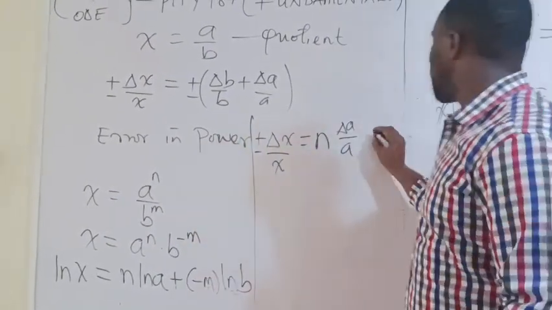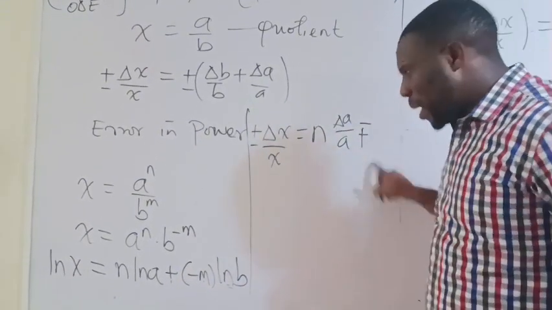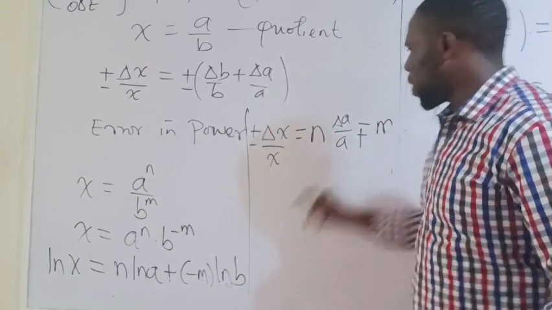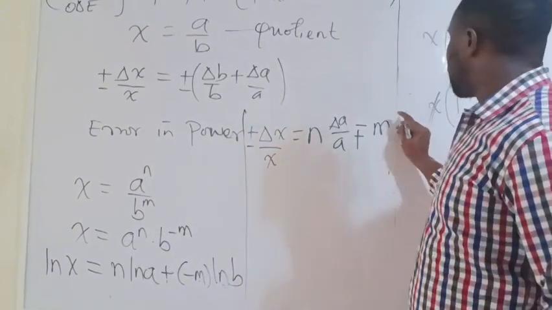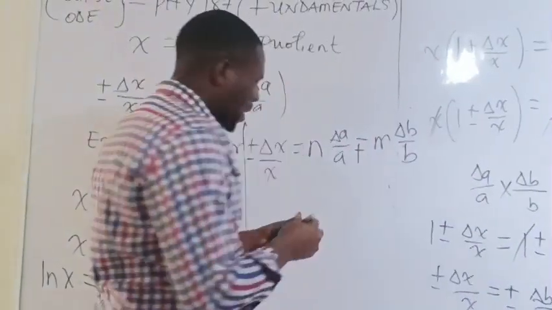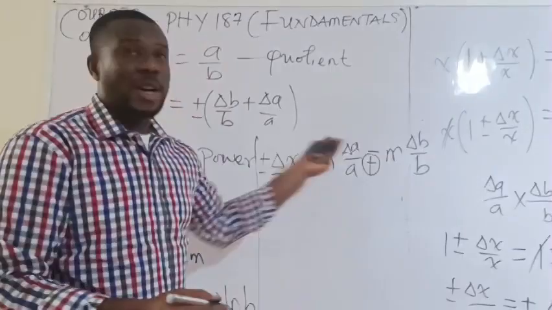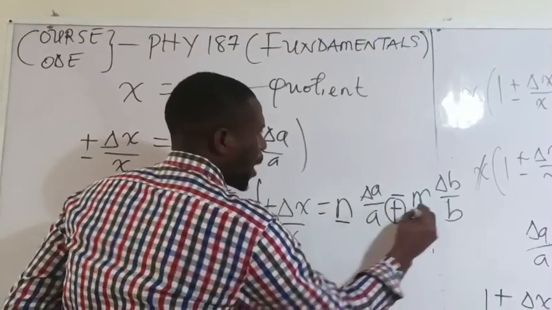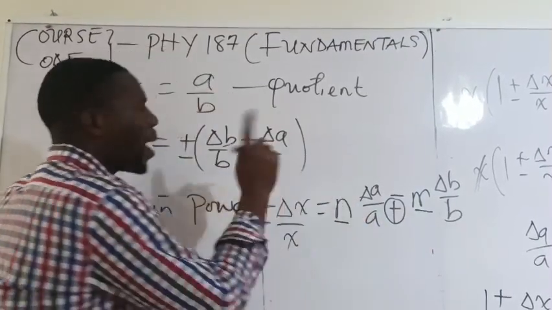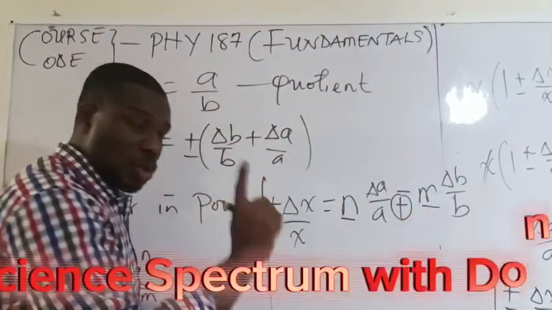Plus times minus gives me a minus, but I could also stick in a plus or a minus, then this is m times the fractional error in quantity b. And like I said earlier on, I'm just interested in the positive value of the fractional error. The n and the m stand for the power to which the quantities a and b are raised.